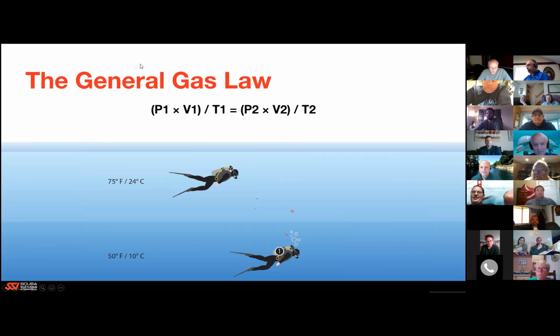You're in water that's 75 degrees. Your pressure and volume are at one thing, and your temperature, like we said, is 75. You're going to go down through the thermocline. Oh my goodness, it dropped to 50 degrees. Hope you're wearing your dry suit. And then your pressure's increased. You're going to feel it in your ears if you haven't been clearing all the way down.